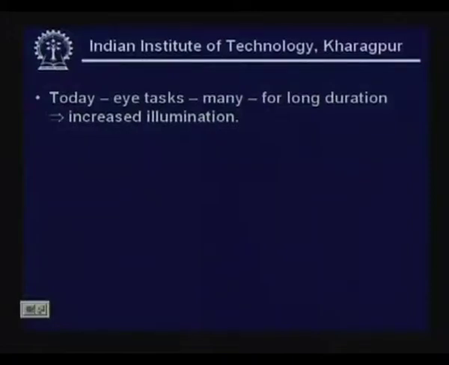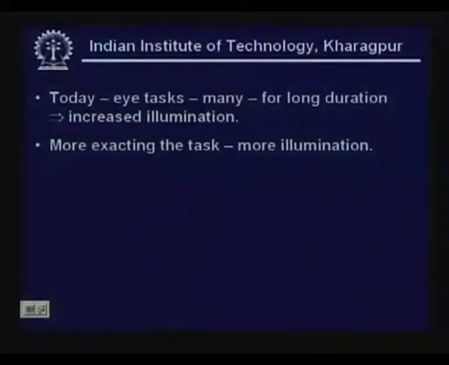Now, we observe that today the tasks are predominantly involving eyes, that is, as already told, the most common task is reading and writing, which involves observing fine print and maybe over a longer duration. In fact, every sphere of our activity involves some form of writing and reading and is much longer than what it was in the prehistoric times.